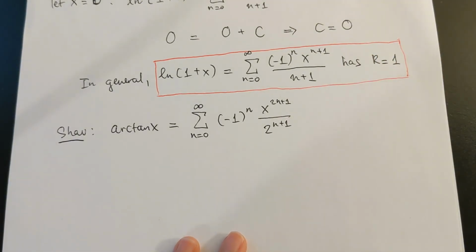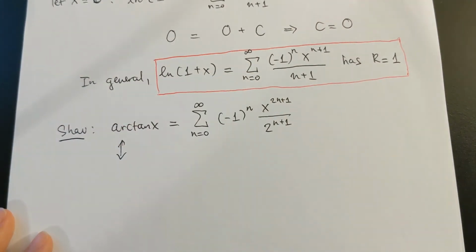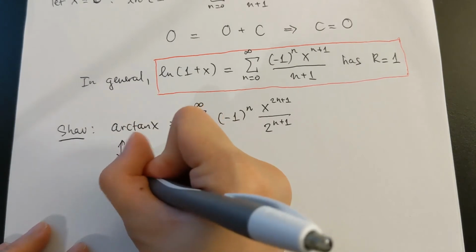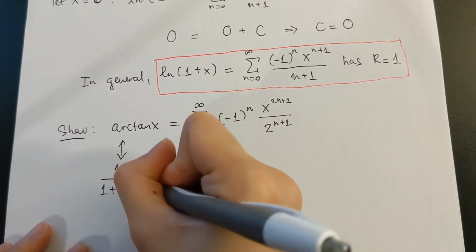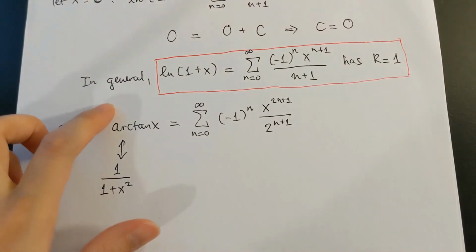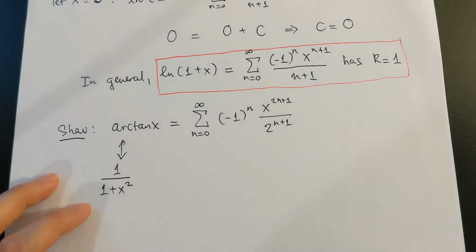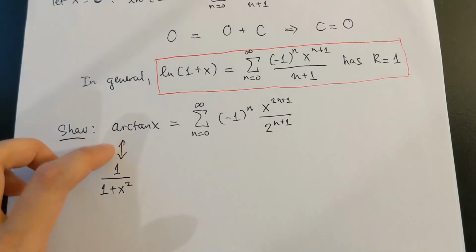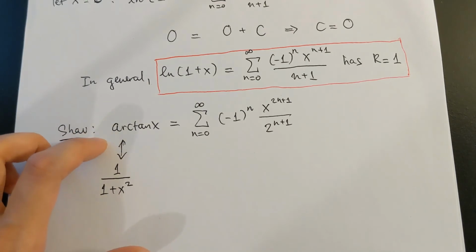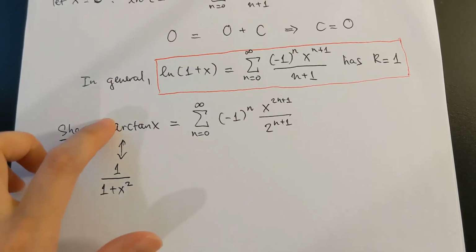For the arctan function, it has a relation with the following function, 1 over 1 plus x squared. If you remember, if you differentiate arctan, you get this function. So that means the integral of this function would give you arctan.